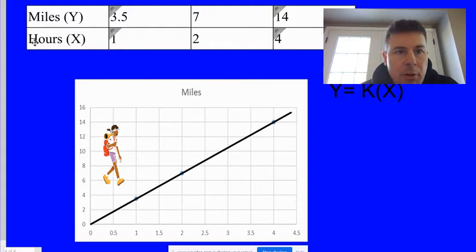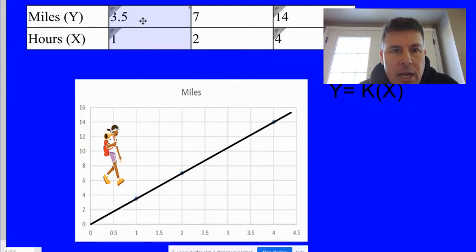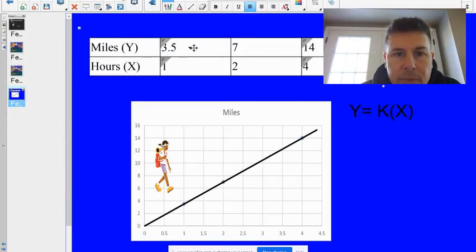And a constant of proportionality is just simply, let's see if I can highlight this. Our constant of proportionality is just a fancy way of saying that we're looking at our unit rate, okay?